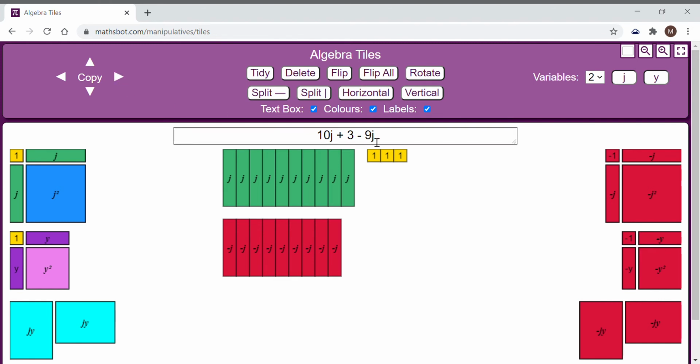When you simplify that, you'll recognize that we can cross out the pairs to make it equal to 0. So this positive j and negative j make 0, this positive j and negative j make 0, and so forth. So they all cancel out to make zeros, and then we're left with 1j plus 3.